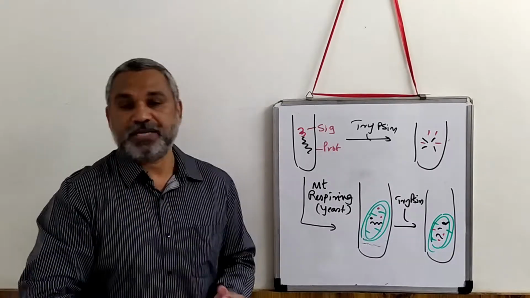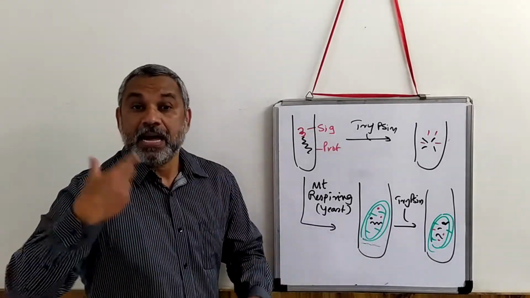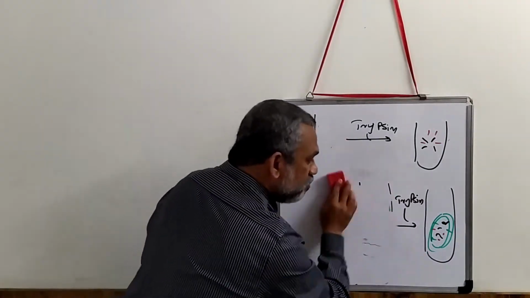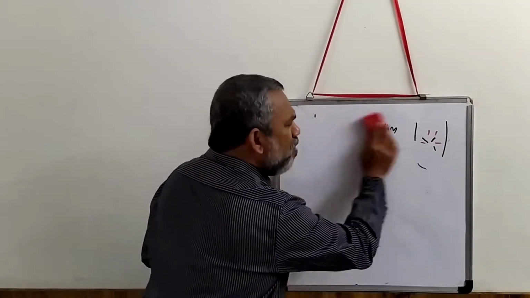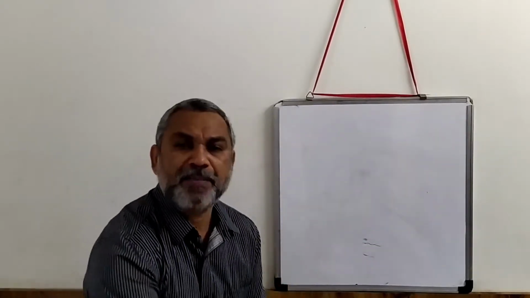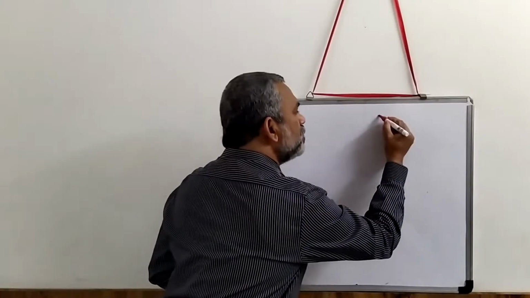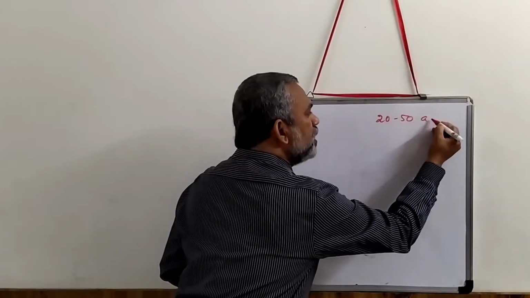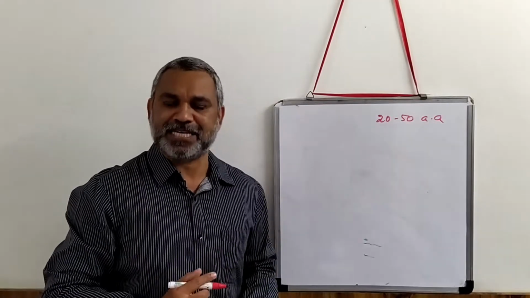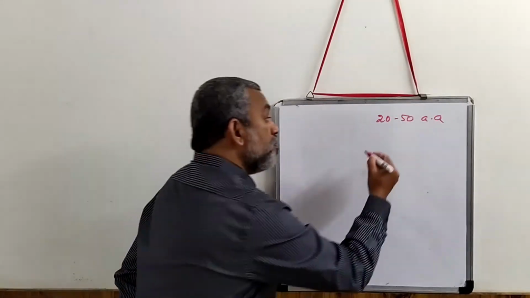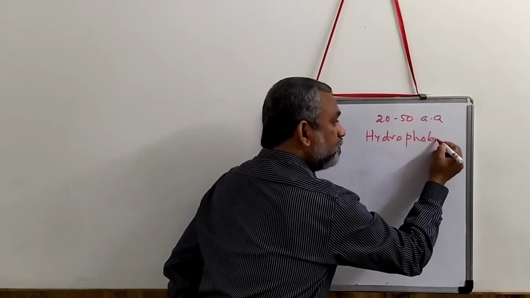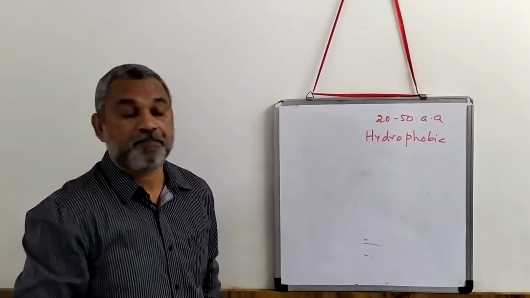And now look at the signal. So they began decoding the signal. Now what was realized about the signal is that it is normally a short stretch of amino acids, roughly about 20 to 50 amino acids. It is normally present at the N terminus, and it is heavily made of hydrophobic amino acids.